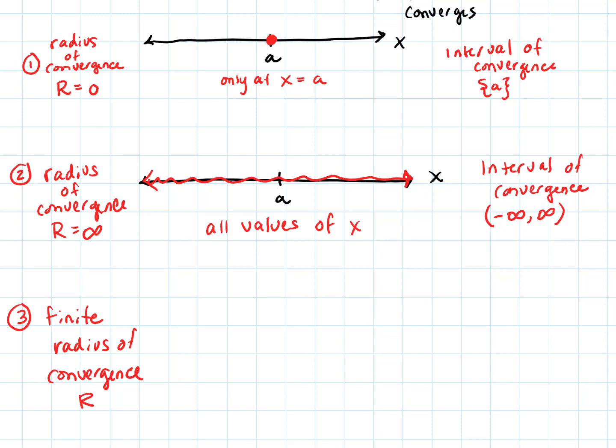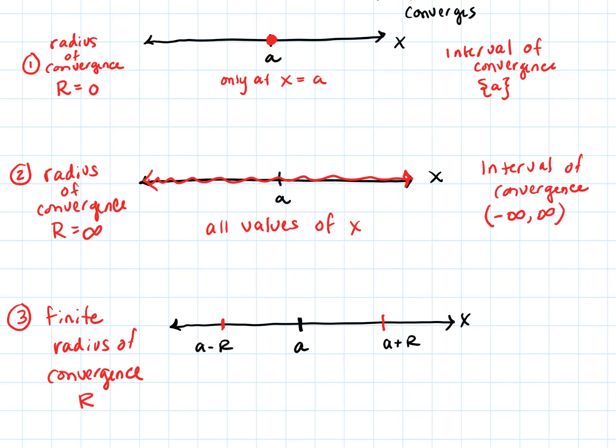So what that's going to mean is that we have some values of x. So here's our a where we're centered at, and that means that we can actually go to the right a distance of r units, and we can go to the left a distance of r units. Okay? The radius, meaning we can go back and forth, which puts us at this point right here becomes a plus r, and this point to the left becomes a minus r.